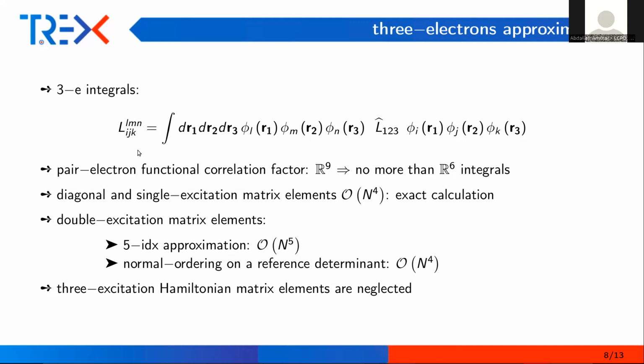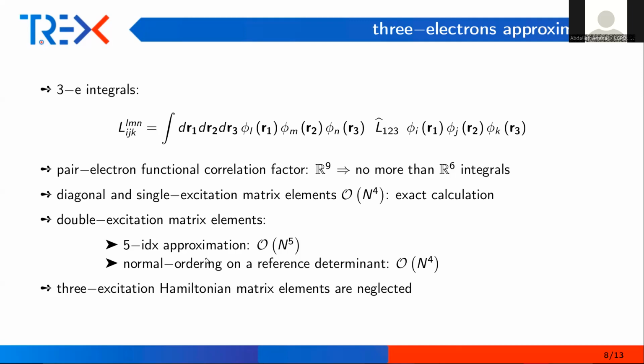But for double excitation matrix elements, we have employed two different approximations. In the first one, we neglect the tensor when all the 6 indices are different, and this approximation leads to an N5 scaling in the storage instead of N6.